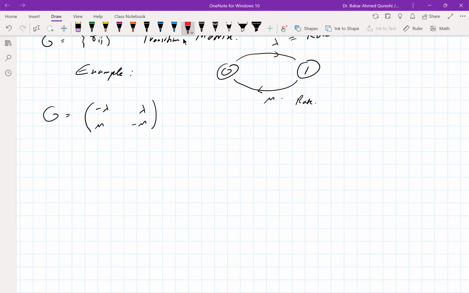And if I'm given the transition matrix, for example, you have 3 states, 1, 2, 3, and you're given this matrix.